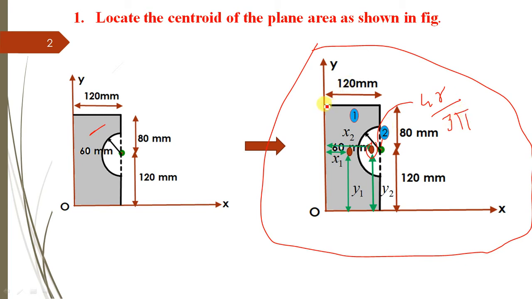If you subtract 4r upon 3 pi from 120, you will get x2. What is y2? Now y2 you have to find out. How to find y2? It is directly mentioned that it is 120 mm, so there is no need to find y2.